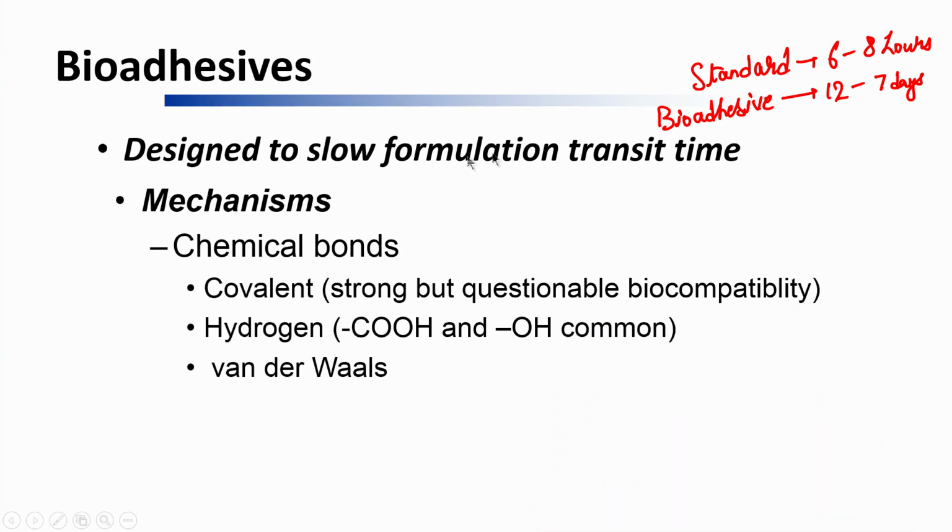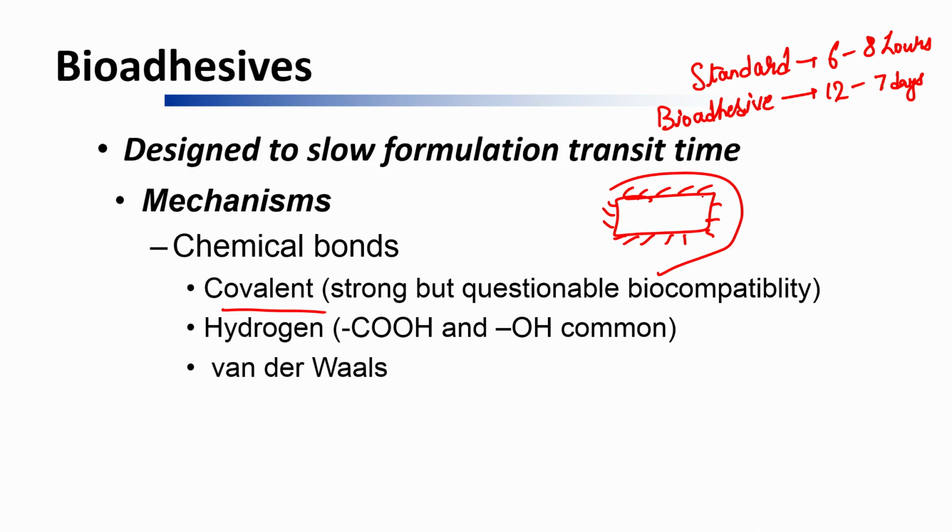And so, what is the mechanism here? The mechanism is that you can form either covalent bonds or other chemical bonds. So, these could be covalent bonds, essentially meaning that if this is your tablet, maybe it contains functional groups that are fairly reactive. So, maybe these functional groups go ahead and bind to your stomach or your intestine lumen, and that increases the time.